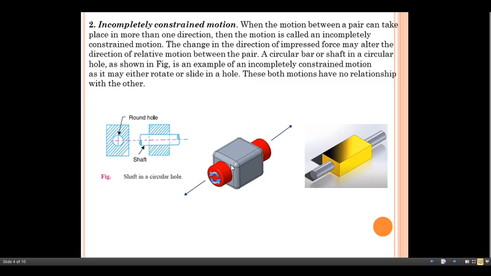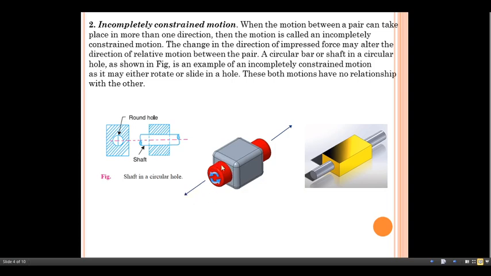Incompletely means here the restrictions are not given for the motion of that particular shaft. Now this is actually the same case in front of you. See the examples given here. The change in the direction of imposed force may alter the direction of relative motion between the pair. If I change the direction of the force, if I apply the force or torque here in clockwise direction or anti-clockwise direction, according to that, the change in direction takes place.